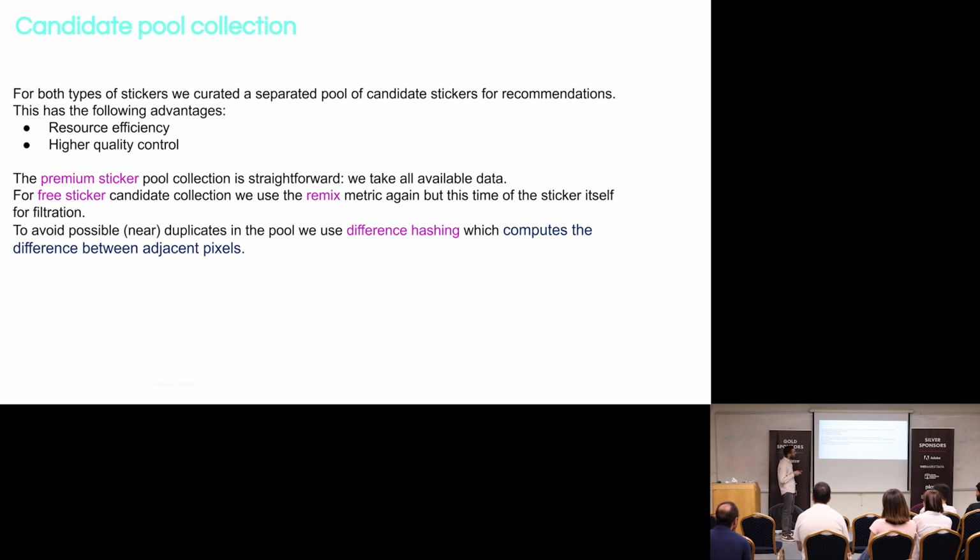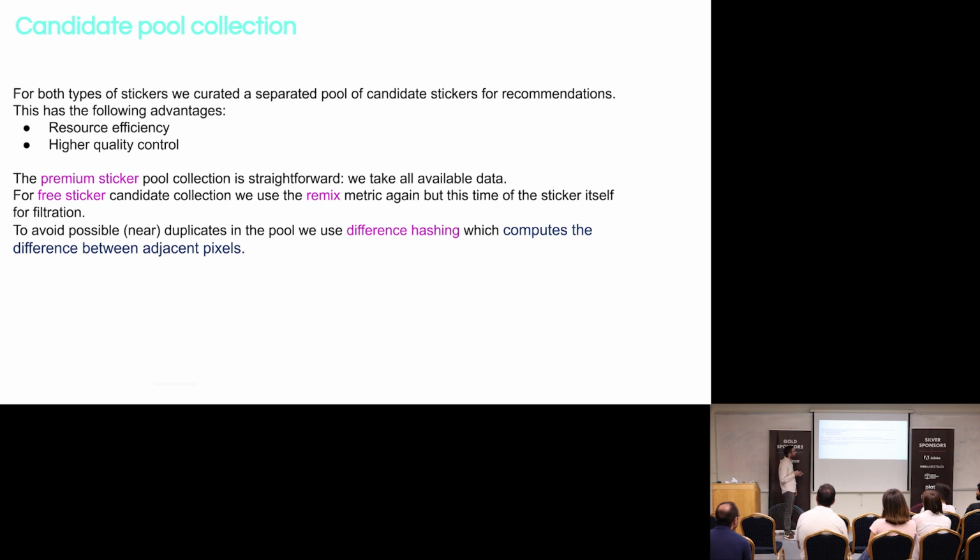And for free stickers, we also use the remix count of the stickers as a filter and take the top percentile of stickers. This does two beneficial things for us. Of course, it is most resource efficient. It's one thing to do similarity search on 100,000 images, and another thing on 100 million. Also, it gives us higher quality control. We are the ones choosing, and aesthetically unpleasing images won't appear in the recommendations.